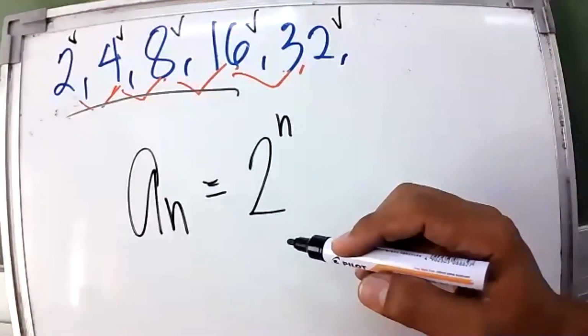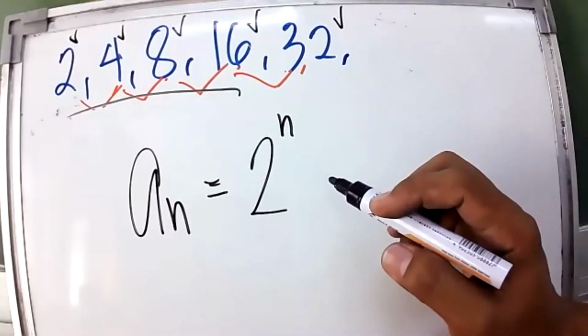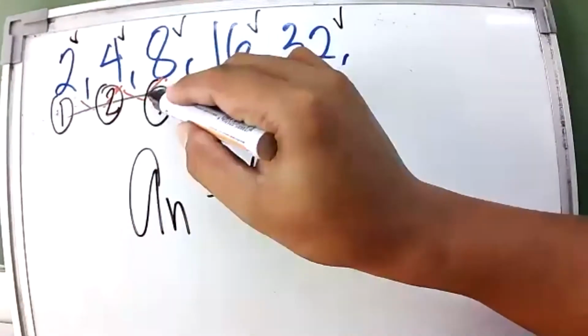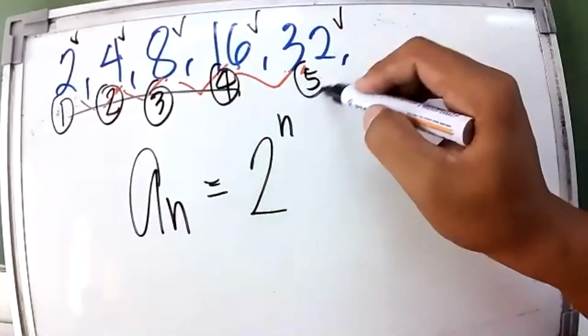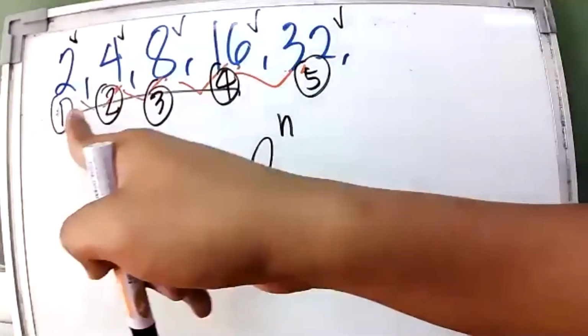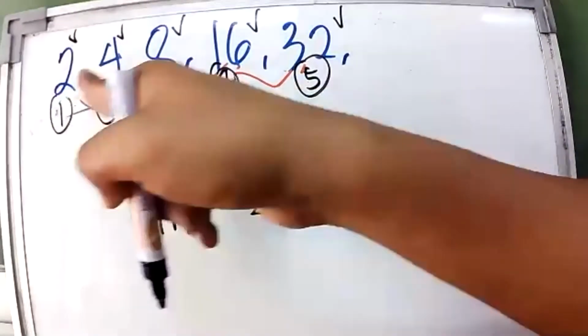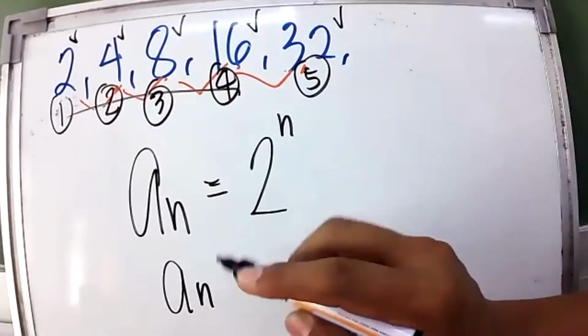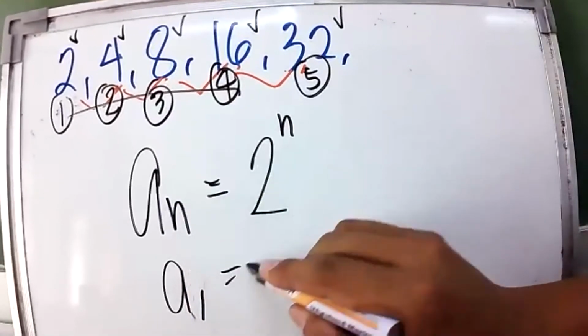Ba, may bagong niyayabang dito ang classmate ninyo. Let's see. So this is our first term. Second term, third term, fourth term, fifth term. Let's try to substitute the number of terms and see if they match our given. Ready? So a sub 1 is equal to 2 raised to 1.